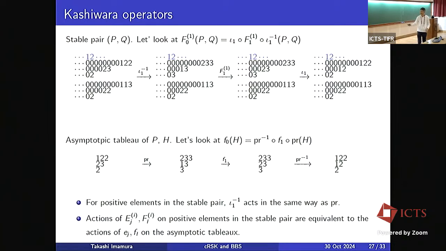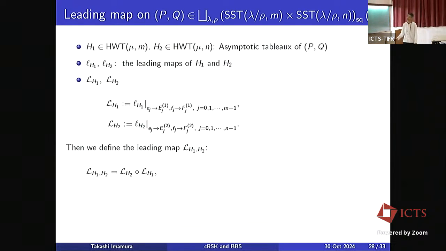So this means that we can construct a leading map in this way, where H1 and H2 are the HWT, which are the asymptotic tableaux of P and Q. From these asymptotic tableaux, we can construct the leading map like this, denoted by L of H1 and L of H2.